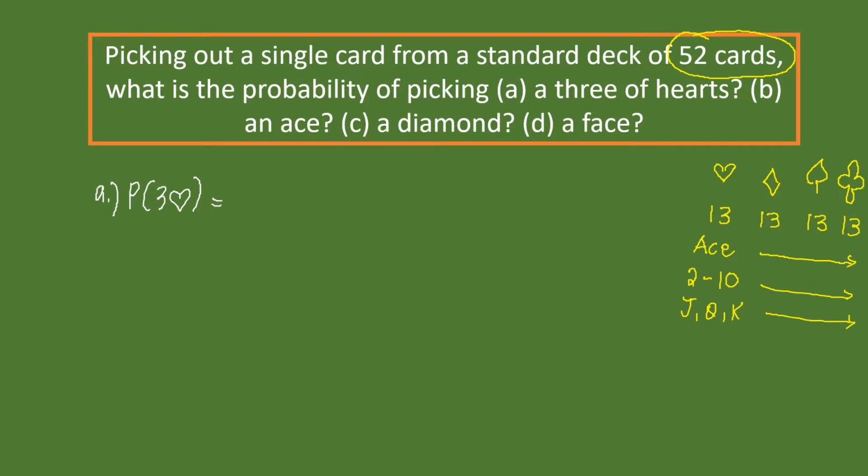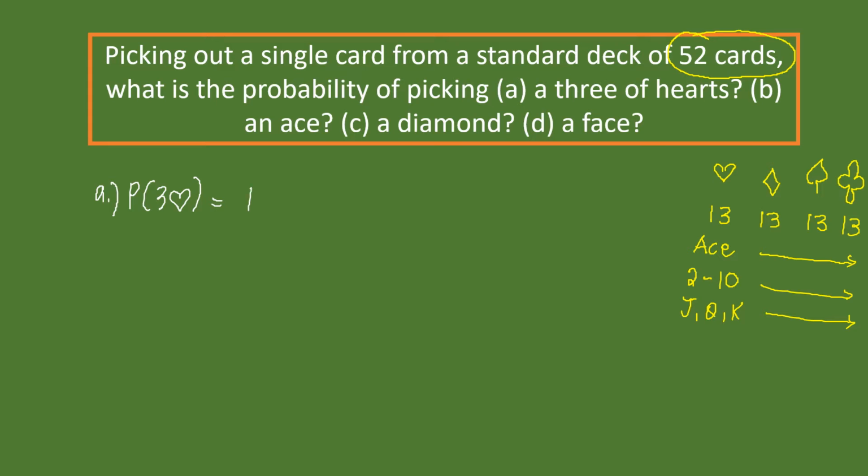So, how do we now find the probability of getting a three of hearts? What is the number of times a three of hearts card occurs? We only have one suit of hearts and one card of 3 with a heart suit on it.